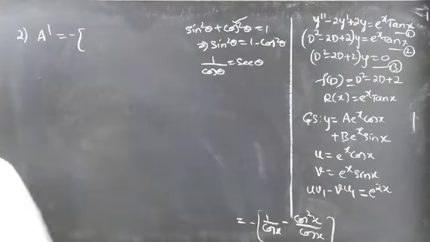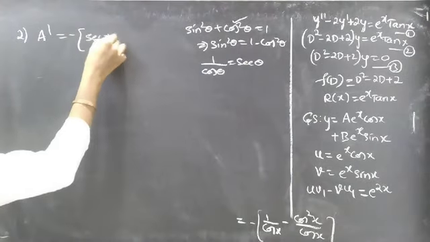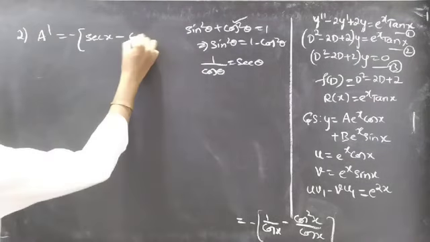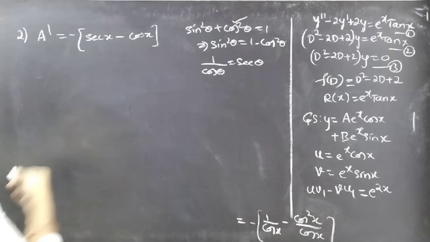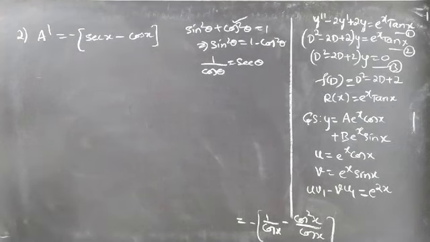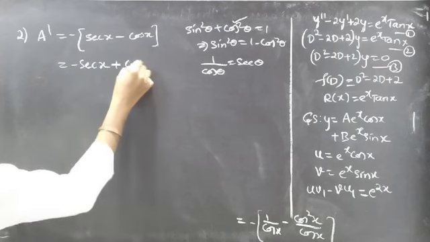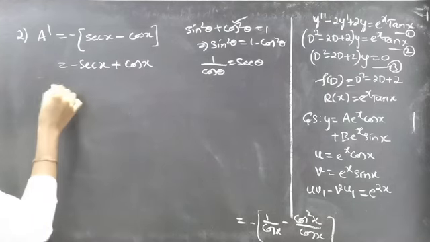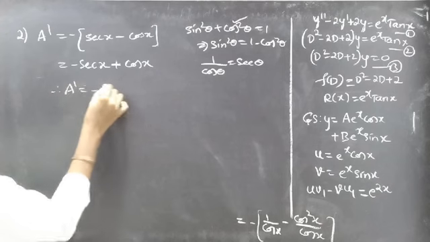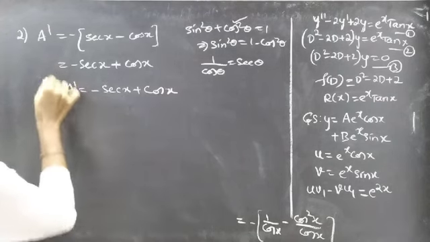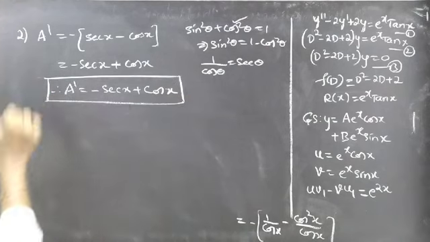So let's replace 1 by cos x with secant x, minus, and if we cancel one cos x, we get cos x, which equals minus secant x plus cos x. Therefore, a dash equals minus secant x plus cos x. So using this we'll find a.